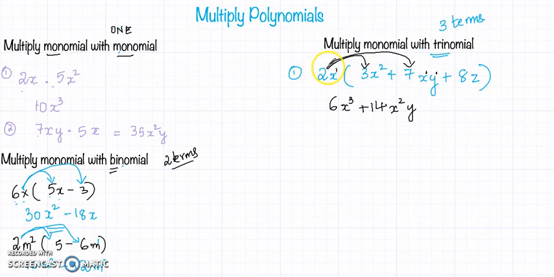Last, you have 2x to the first power times positive 8z. So you put the plus, 2 times 8 is 16, you have x to the first and 1z. So that's your answer. That's it. So all you have to do is distribute in this step. Okay, so the key word is to distribute.